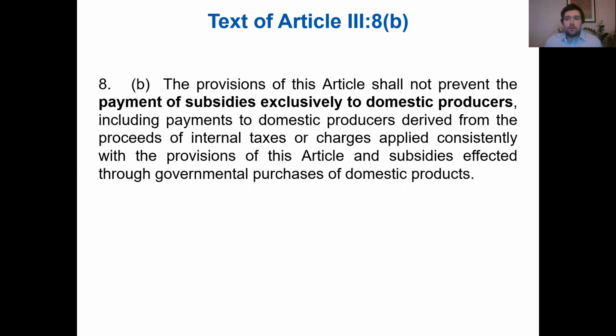So as we said, most importantly, the essence of the obligation, the real content of it, is before the comma. The provisions of this article shall not prevent the payment of subsidies exclusively to domestic producers.